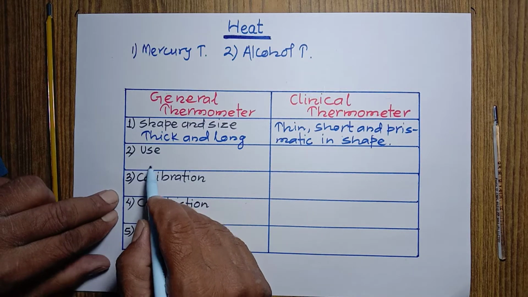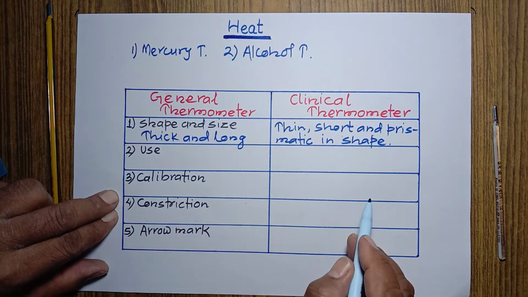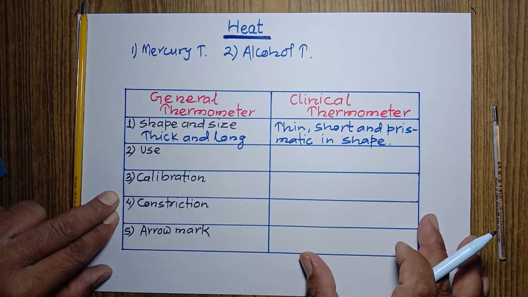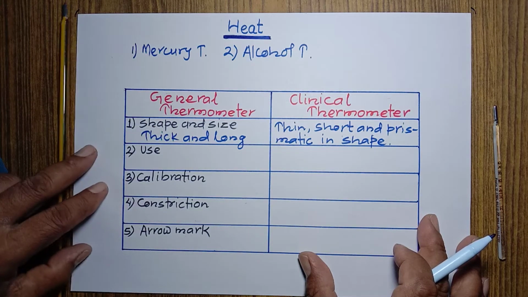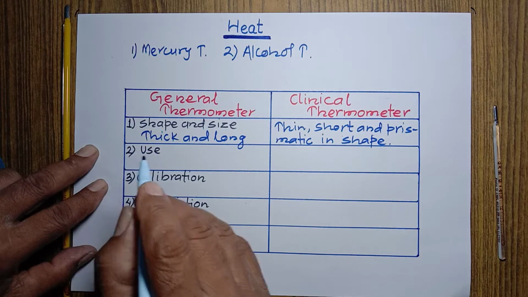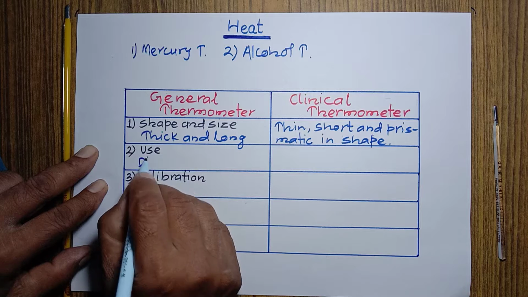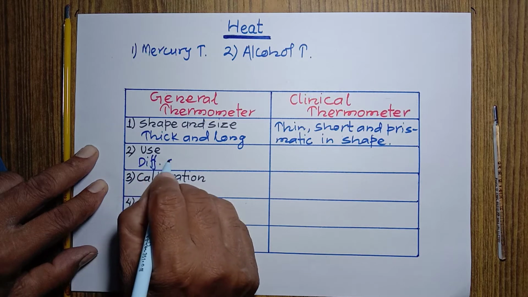Now second, according to use, we can write the difference between them. This general thermometer or laboratory thermometer is used to measure temperature of different substances in lab.